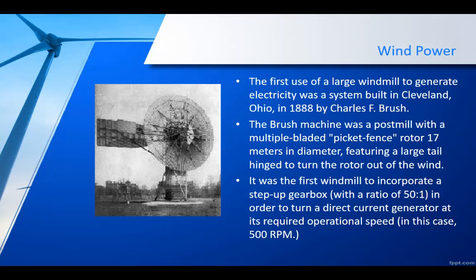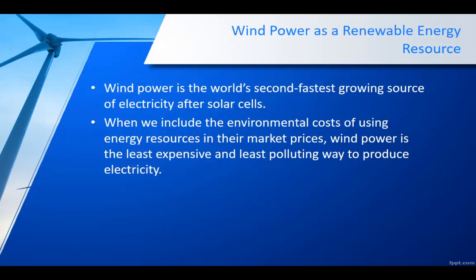Okay. So wind power is the world's second fastest growing source of electricity after solar cells. So solar energy and wind power are the fastest growing parts of the market in terms of renewable energy. Hydroelectric is pretty tapped. And with some of the others, like geothermal, it's hard to find sites, so that's fairly stable as well.